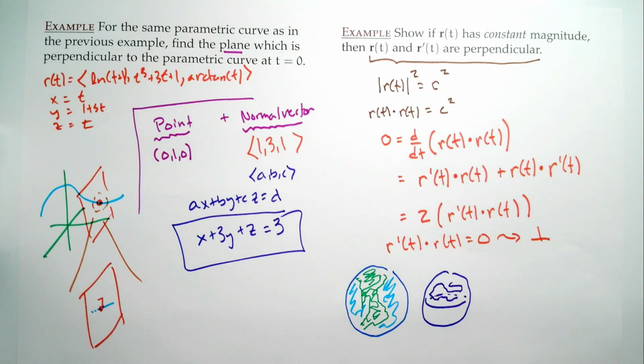If you put your origin at the center of the sphere, what's true about the magnitude of r of t? It's constant. So as you move along the sphere, your derivative is always perpendicular to your motion. All right, well, let's just try this out.